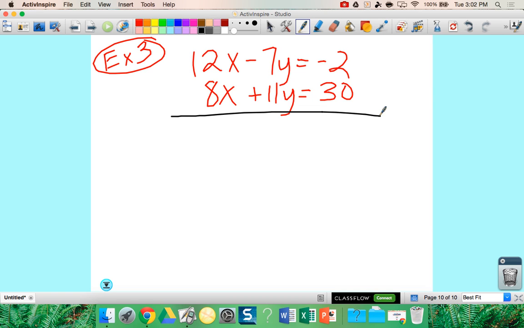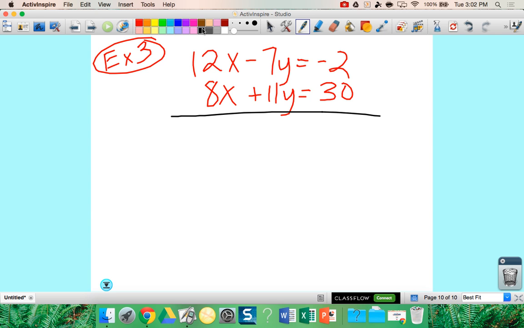You guys are writing, okay? I should write this down. All right. I'm going to choose X to eliminate. I see that I have a 12 and an 8, and you're going to find the least common multiple. So the smallest number that both of those can go into is 24. What times 12 gives 24? 2.